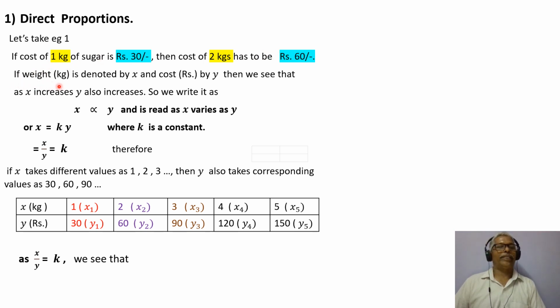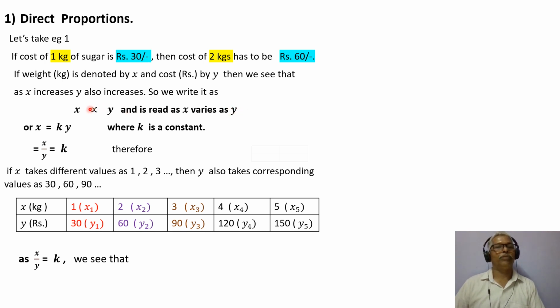See here. If weight, that is this kg, is denoted by x, so for weight we consider x, and cost, rupees, is denoted by y, then we see that as x increases, y also increases. Okay, so we write it as x, the symbol, y, and it is read as x varies as y.